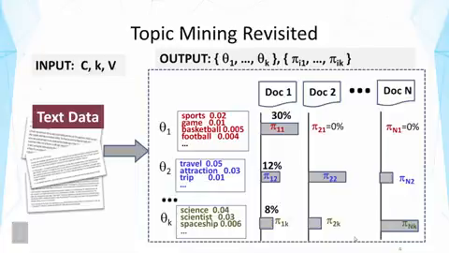One is a set of topics denoted by theta i's. Each is the word distribution, and the other is pi ij's, and these are the probabilities that each document covers each topic. So this is a topic coverage, and it's also visualized here on this slide. You can see that this is what we can get by using a topic model.